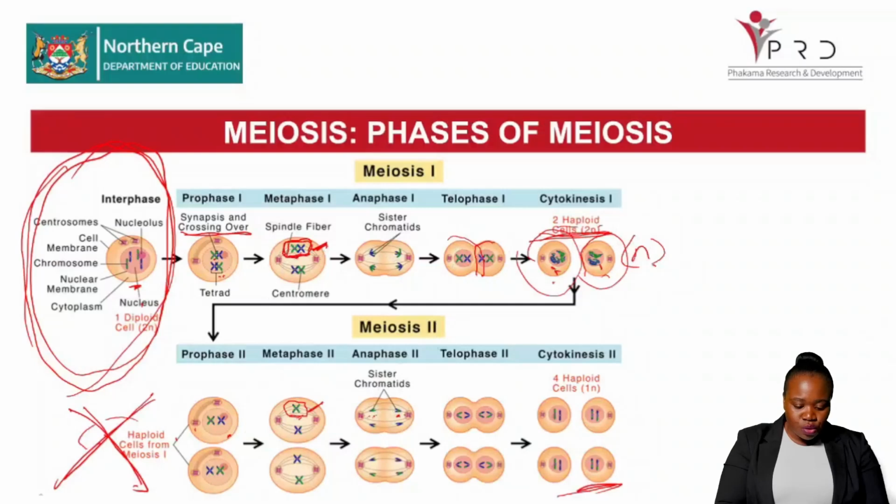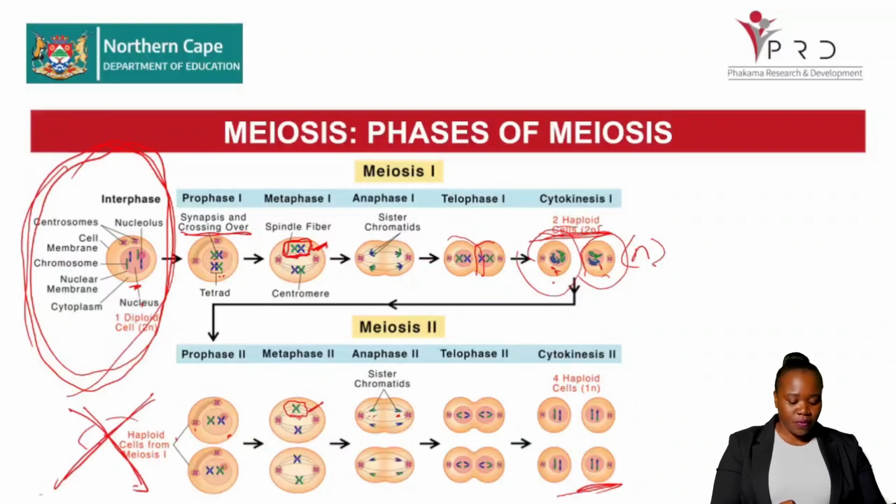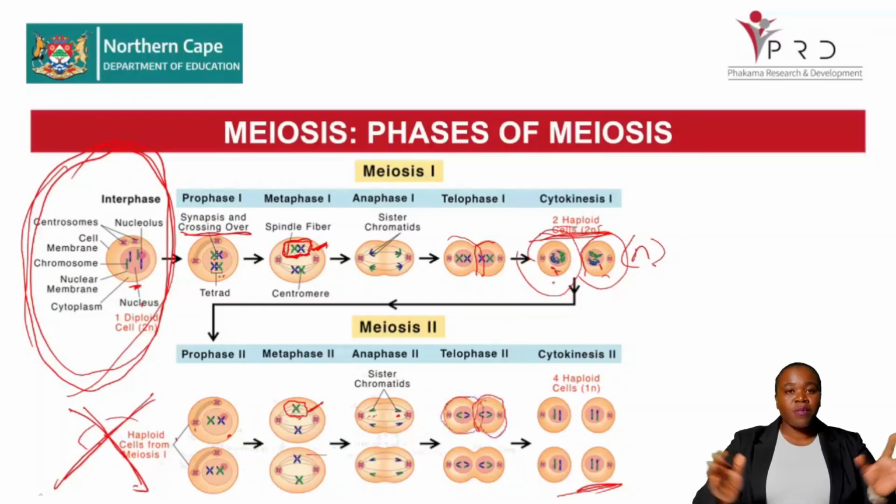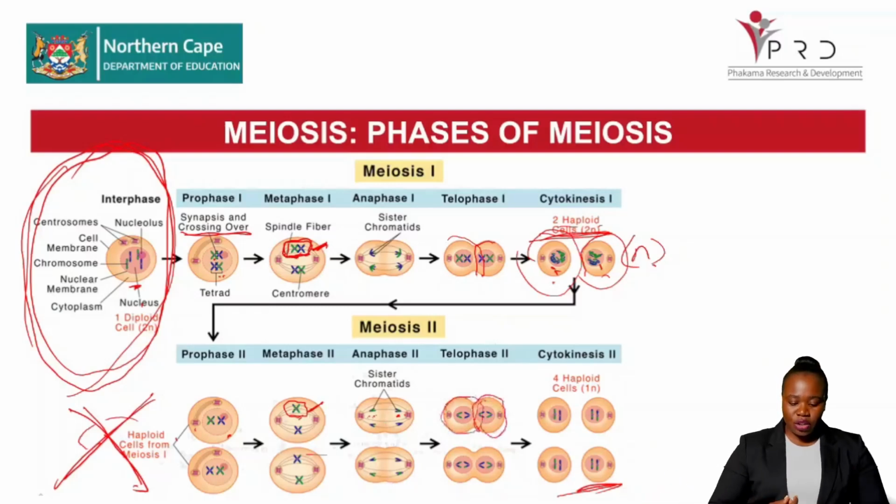Here you can see the 2 chromatids going to the same pole. Keep in mind that whatever is happening in the cell will also be happening in the second cell. Then we have telophase 2, where the chromatids form part of the 2 new cells that are going to be formed.